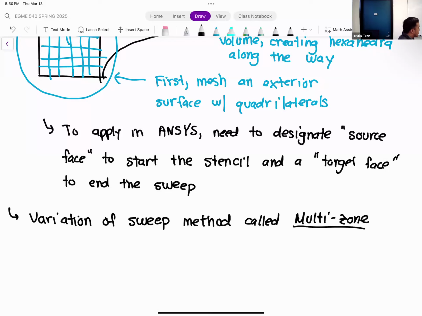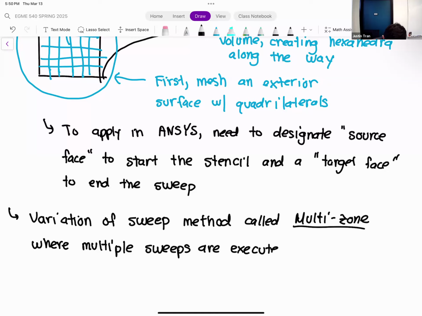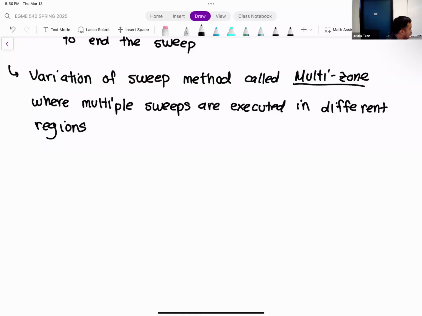But again, because of the limitations of supplying a source face and an ending face, even if you do it multiple times, there are limitations on this. So this option is available in ANSYS as well.